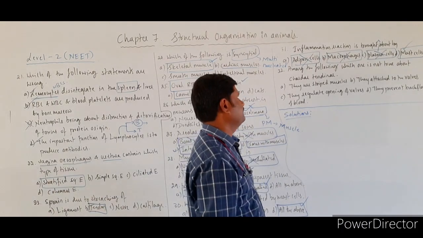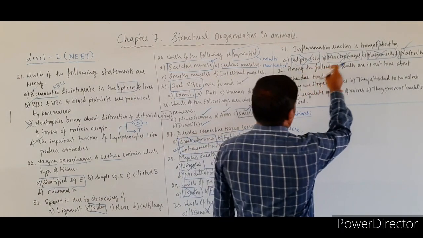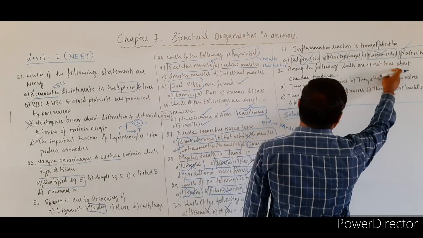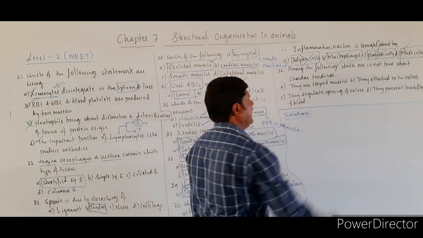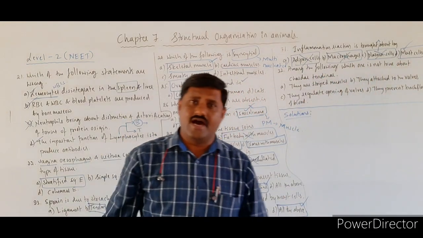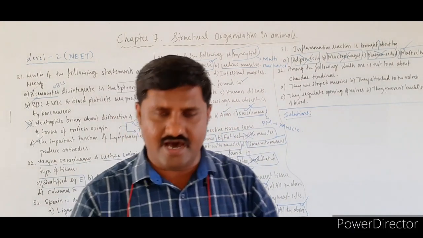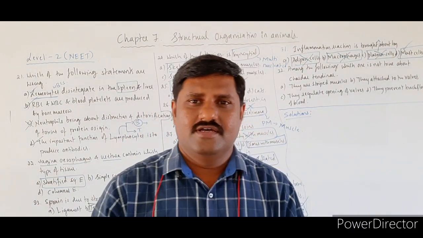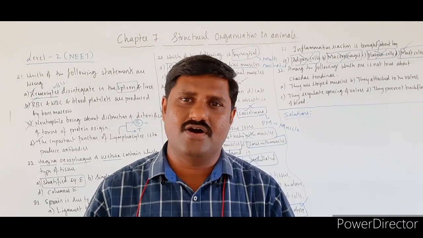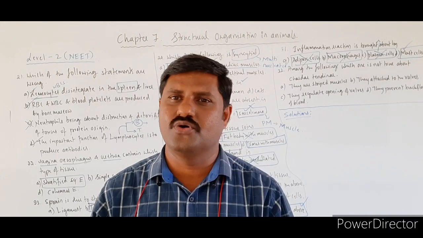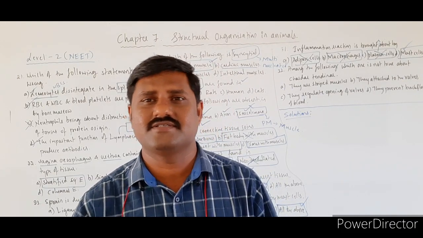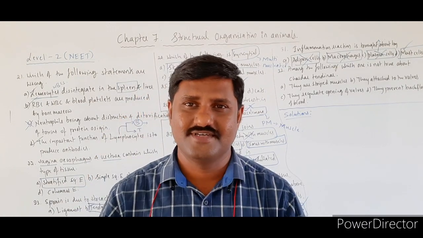And next question. Among the following, which one is not true about chordae tendineae? Right? Already I have drawn the diagram of the heart. In this heart structure I had shown in the ventricles some hump-like structures, right?